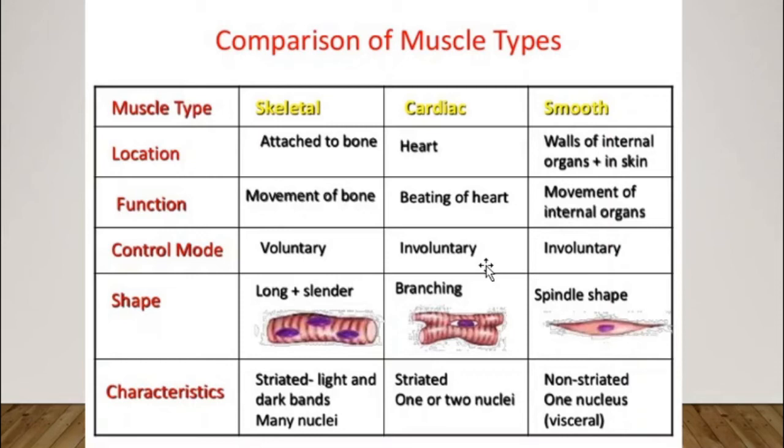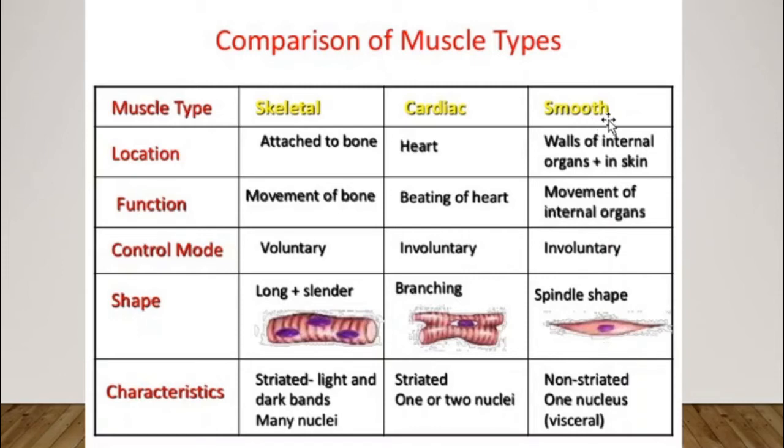So the characteristics: striated like the skeletal but branching in manner, with one or two nuclei. At the same time, the contraction is moderate and it is also moderately resistant to fatigue when compared to skeletal.